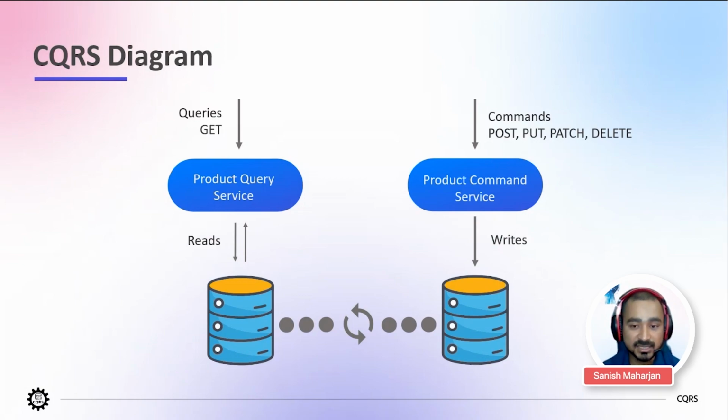What it actually does is synchronize all the changes that have come from the command section to the read section, so that whenever we are retrieving information from the read database, we are always getting the updated information. We'll talk further about this in detail.